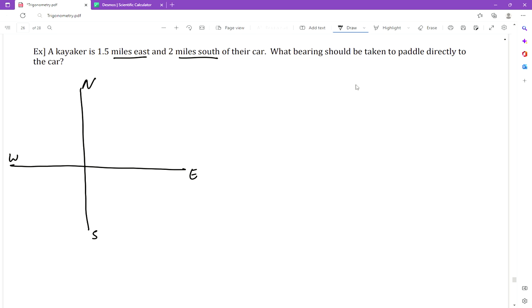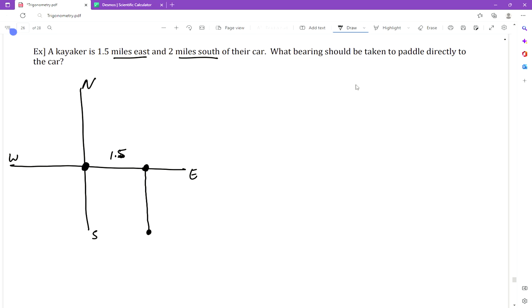Okay, and it says a kayaker is 1.5 miles east. So I'm just going to say here going 1.5. So there's 1.5 miles to the east, and 2 miles south of their car. So after east, we would go downwards.